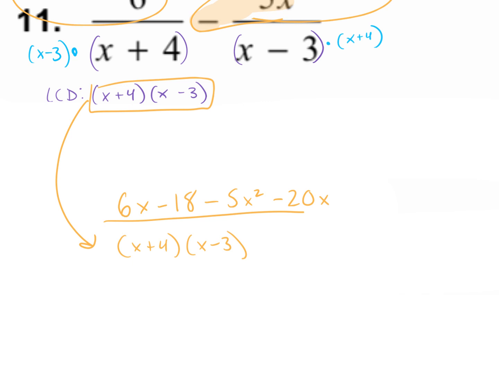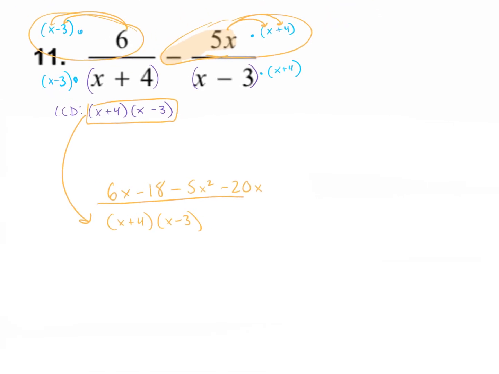What would I do next? Combine like terms and we can rewrite it in standard form. So what's going to go first on top? Negative 5x squared. What would come next? So 6x minus 20x would be negative 14x.